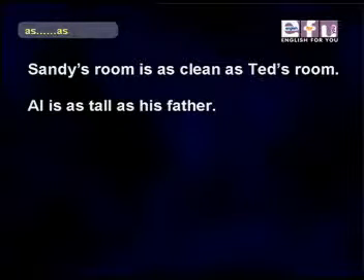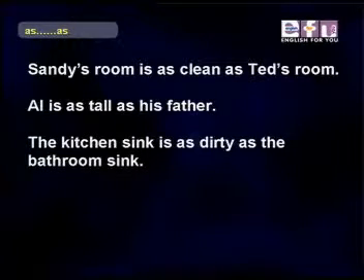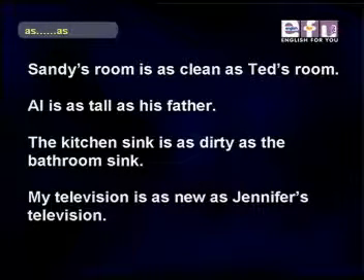Next, Al is as tall as his father. Next example. The kitchen sink is as dirty as the bathroom sink. Next, my television is as new as Jennifer's television.